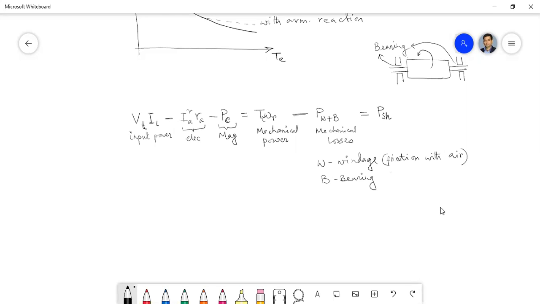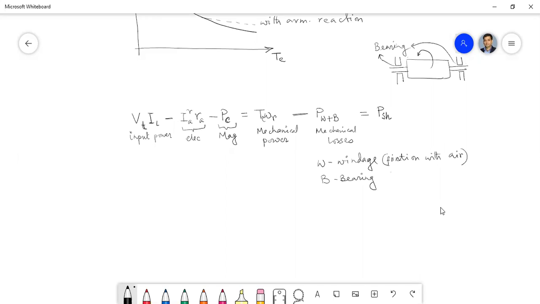Okay, then what we do, actually two identical DC machines are connected by some coupling. One runs as a generator, another runs as a motor.